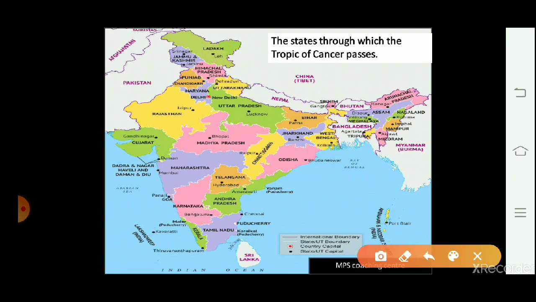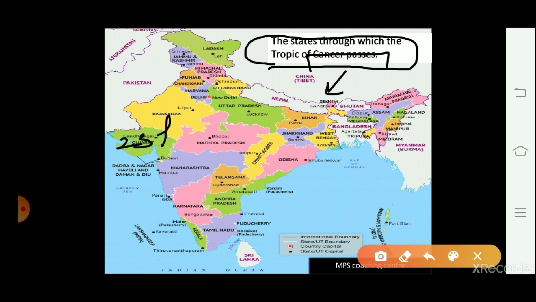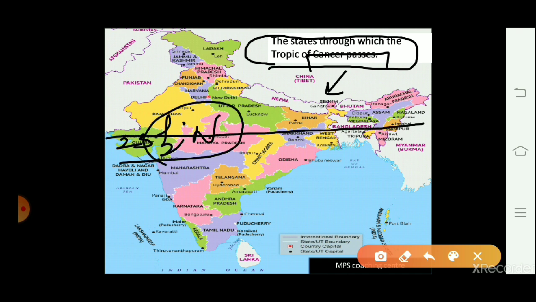Now we can see how to plot the states through which the Tropic of Cancer passes. The Tropic of Cancer is an important latitude at 23 1/2 degrees north. It divides the country almost into equal parts, northern and southern.